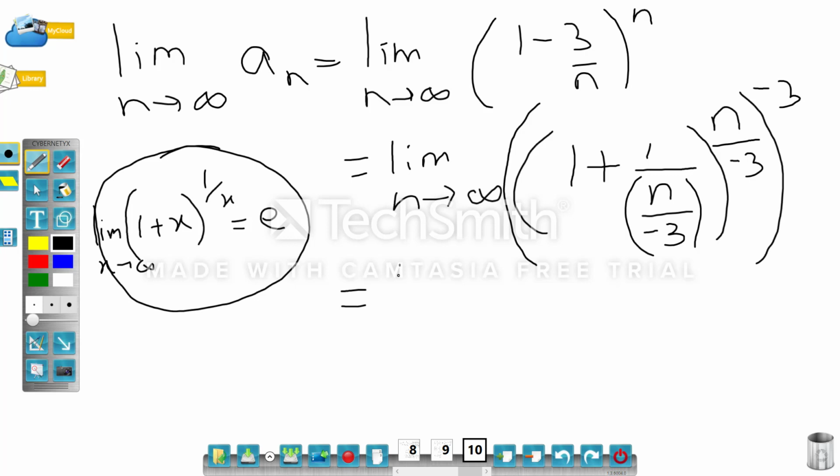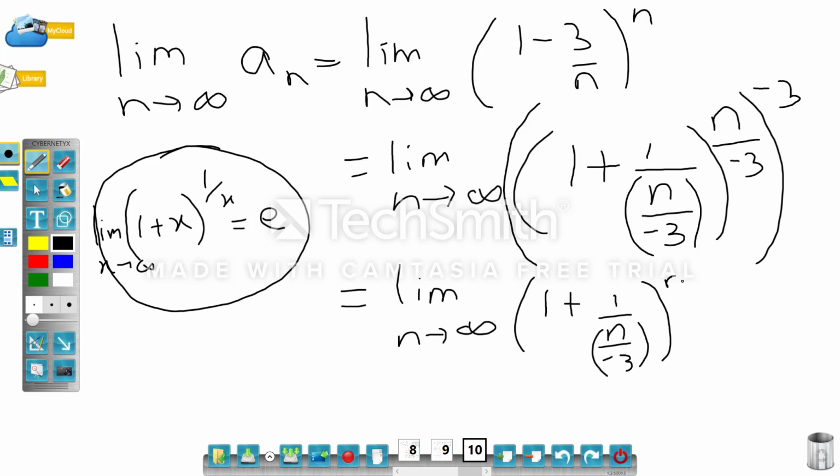Now this is the same as the limit as n goes to infinity of (1 plus 1 upon n by minus 3) raised to n upon minus 3, whole bracket to the power -3.